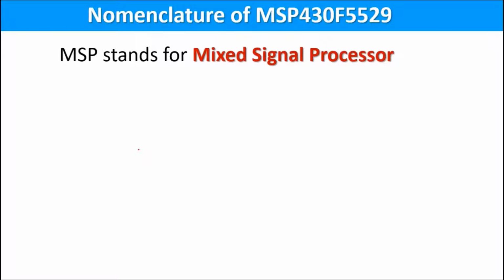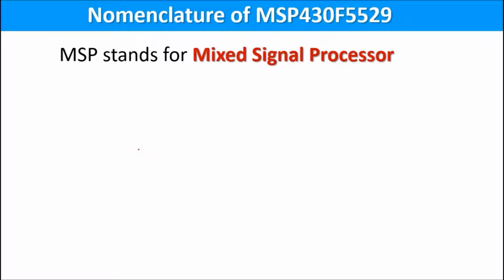The MSP stands for mixed signal processor. Mixed signal means you can give an analog signal as an input to this processor, or you can give a digital signal to this processor. Actually, its name is mixed signal processor, but it is a controller. There is no clear-cut difference between processor and controller nowadays. So it is like a controller, because most of the peripheral devices are available internally in this processor.